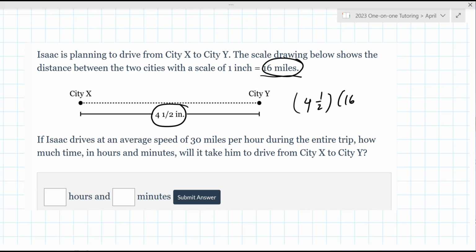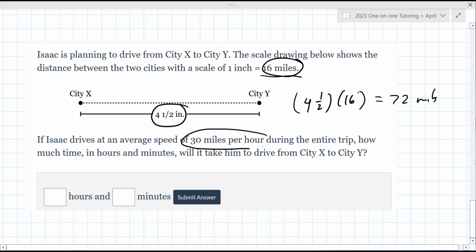It is 72. Okay, so 72, I agree. That's the miles, okay? And they're saying they can drive 30 miles per hour. That's where you are dividing. You're taking 72 and dividing it by 30. 2.4.